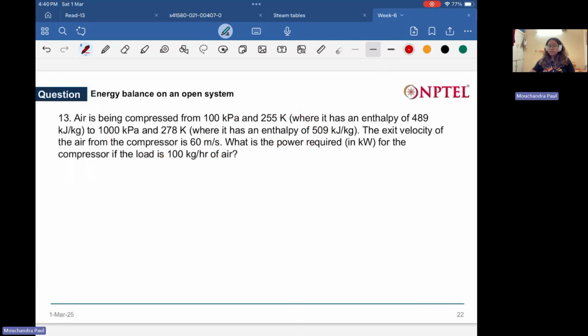So this is an example problem where we are considering an open system, and I'd like to quickly show you how we can do an energy balance on this kind of open system. Okay, I'll give you a minute. Kindly have a read.